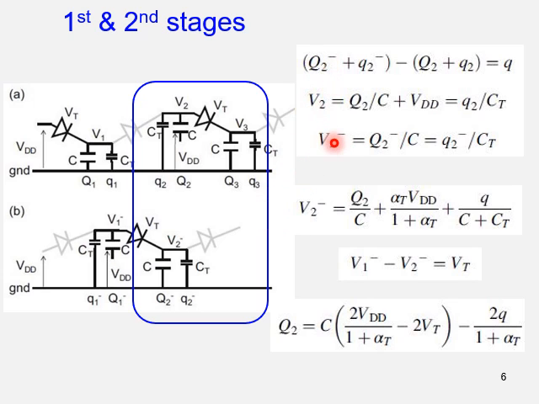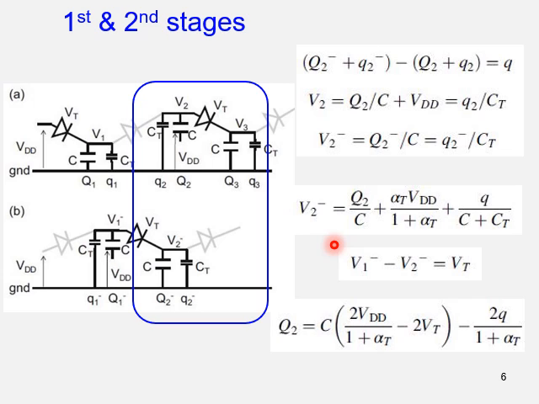Through these equations you get here, and the previous slide shows V1 minus, and now we have V2 minus. Then this equation holds during this period as well as this period. Therefore, these two, V1 minus and V2 minus, are related with this equation.